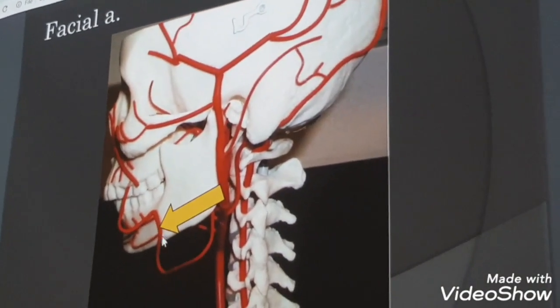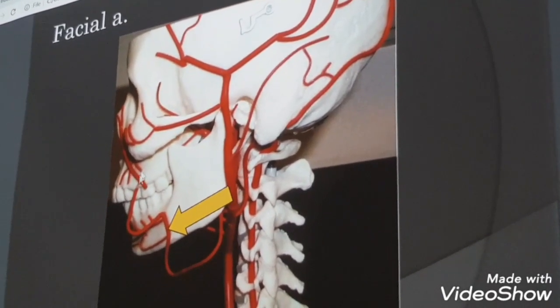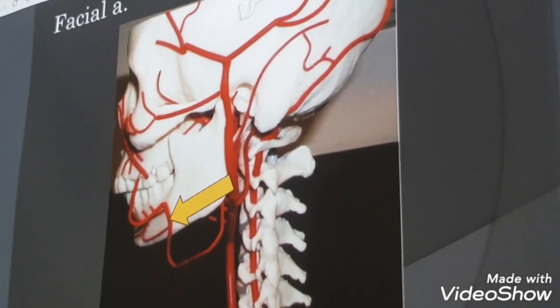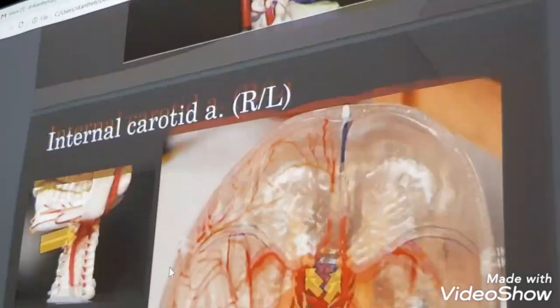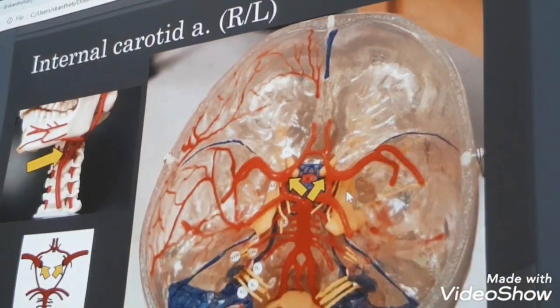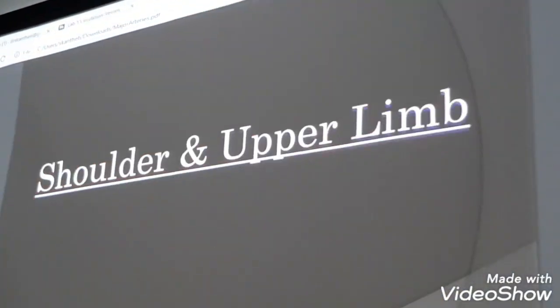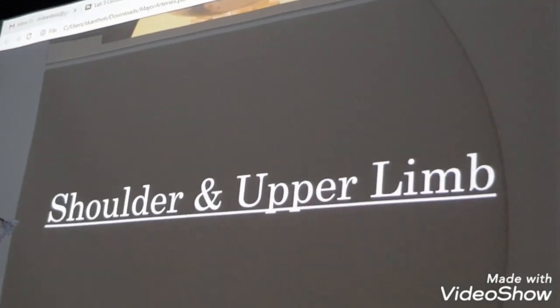This one is facial, and it has multiple branches as well because it's going to supply all the musculature and tissue around the entire face. So that's internal carotid again, the rest of the Circle of Willis. And then that brings us to the shoulder and upper extremity.